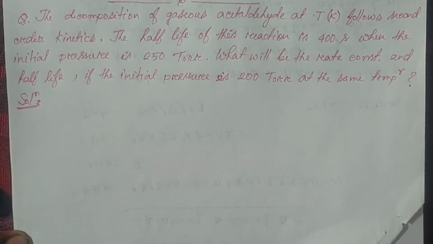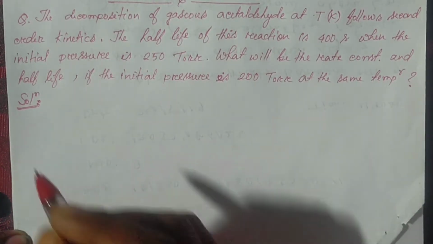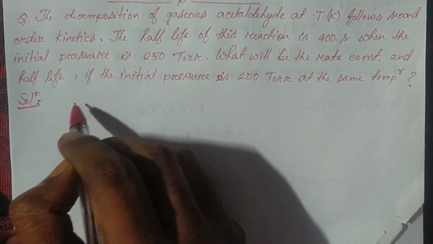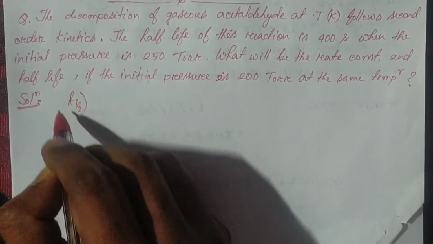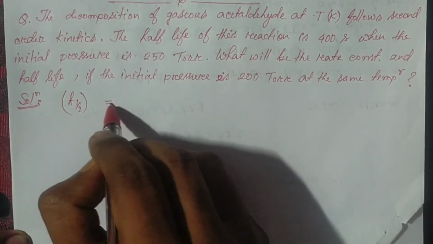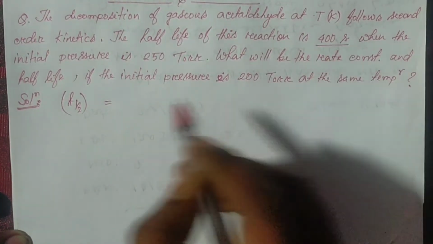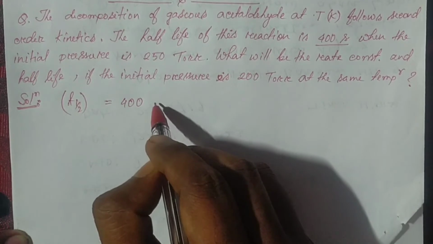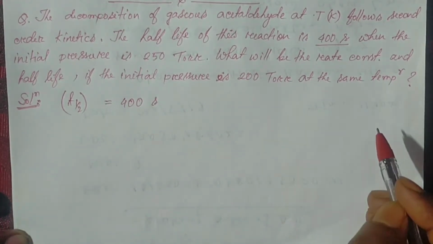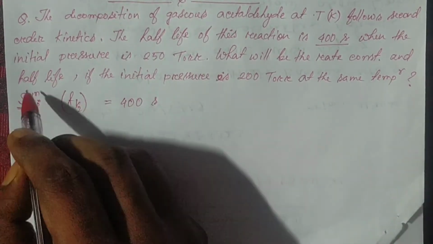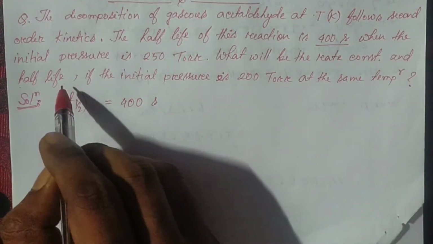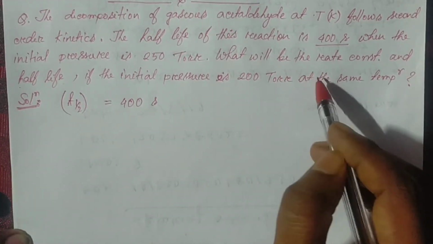What will be the rate constant and half-life if the initial pressure is 200 torr at the same temperature? So they have given that t half is 400 seconds, and they are asking the half-life for the second part.